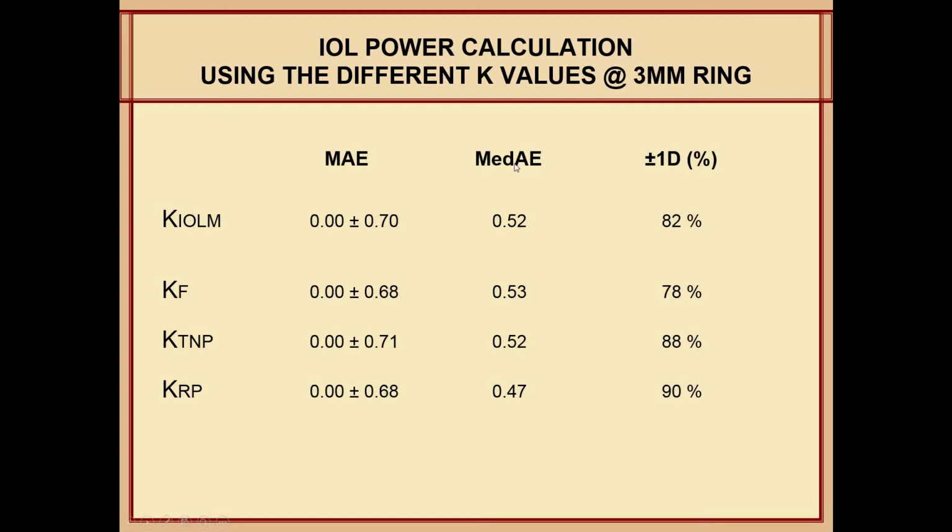If you look at the median absolute error with each one of them, you will notice that with the refractive power K, we did a little bit better, and we had a few more cases within ±1 diopter. However, the number of cases that we had was relatively small, and statistically it did not show a major difference.